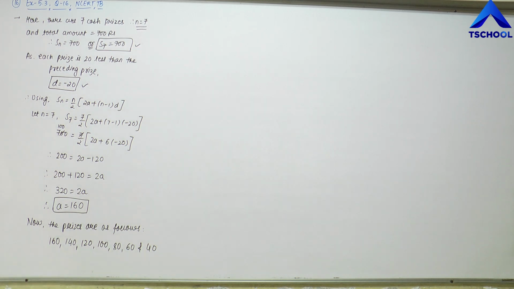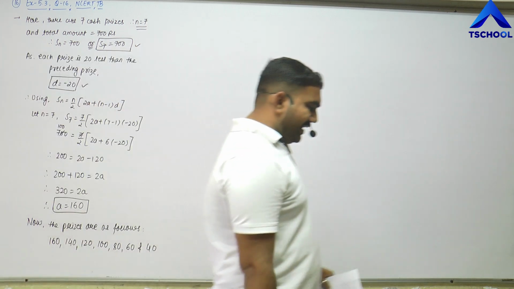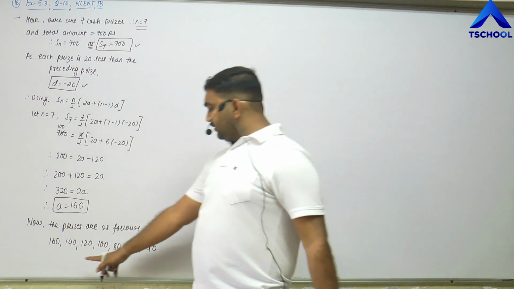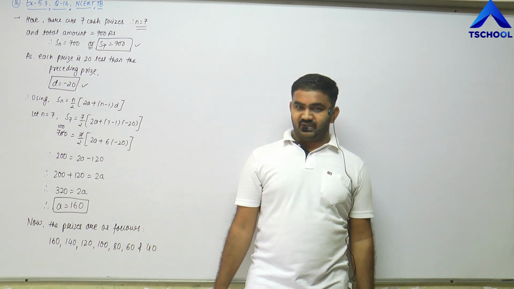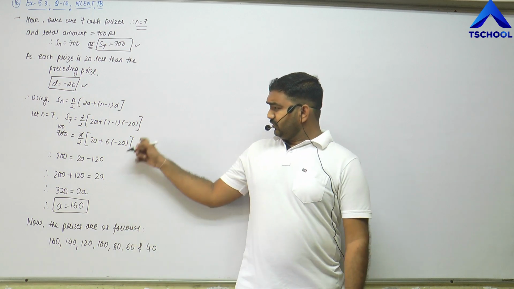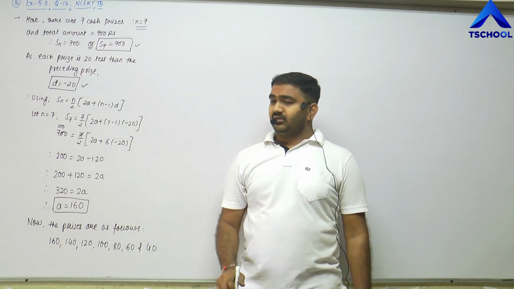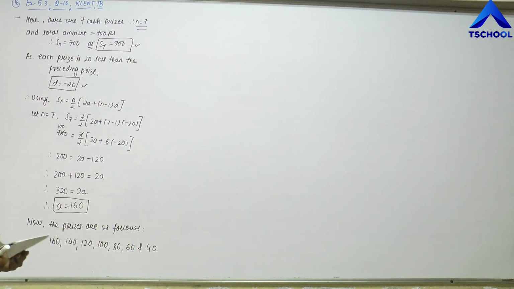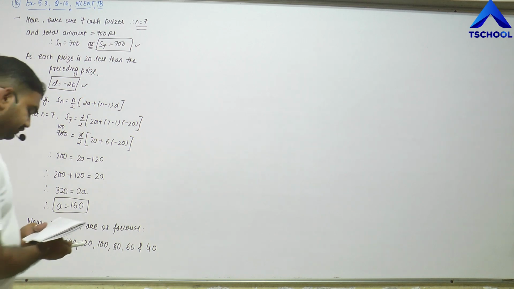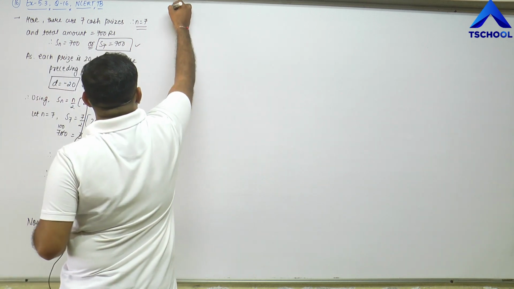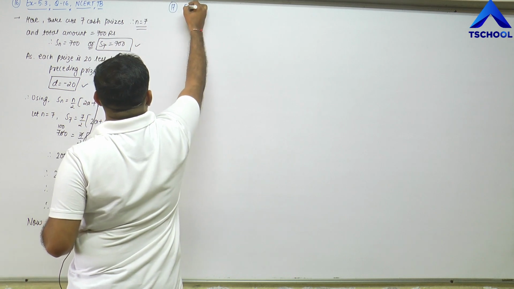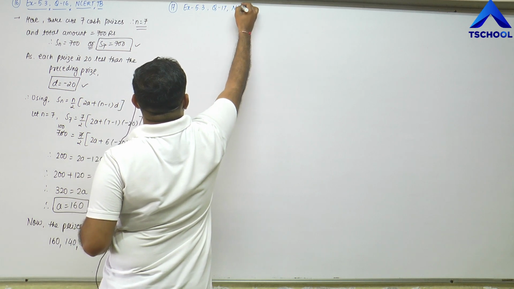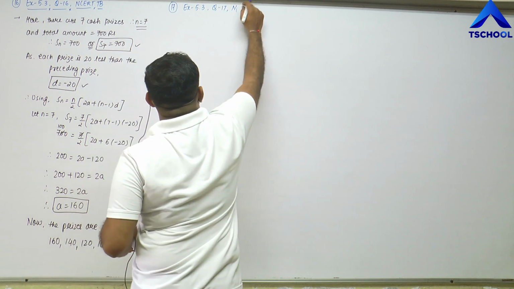It must be clear that the prizes here are in an AP with a common difference of minus 20, because each prize is 20 less than its preceding one. Okay, friends? Now moving on to the next one, that is the 17th question, again exercise 5.3, question 17 from the NCERT textbook.